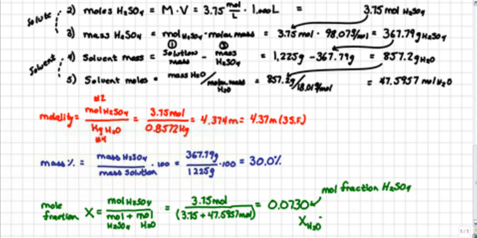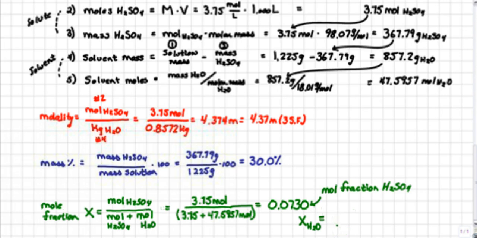You see, these mole fractions, the mole fraction of water and the mole fraction of sulfuric acid, must add up to 1. That is, there are only two things present, and each one contributes enough that the overall total is equal to 1, much like a percent. The total is always 100%. Mole fractions always add up to 1.